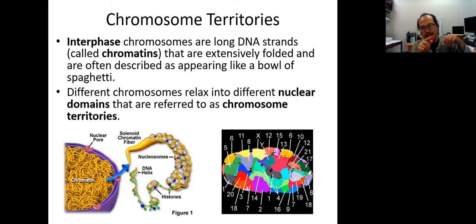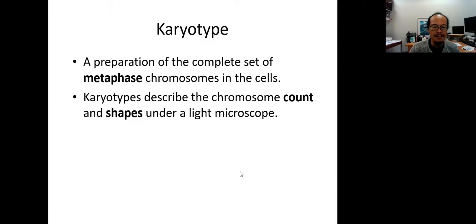So the sequences can interact with each other, but chromosome 1 and chromosome 2, which are neighbors, don't mix with each other. Yeah, so that's that. And then karyotype, we can use this to count the number of chromosomes. We can also see the structure of the chromosomes.